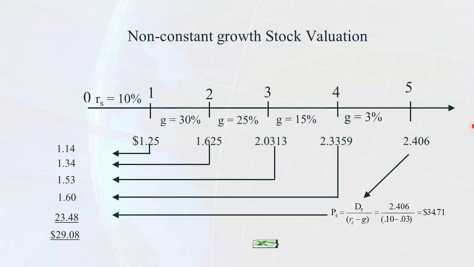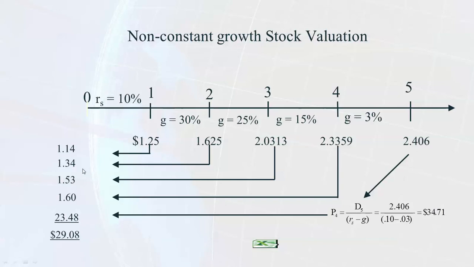So you know exactly this: price at year 4 equals dividend at year 5 divided by r minus g, so that's gonna give us $34.71.